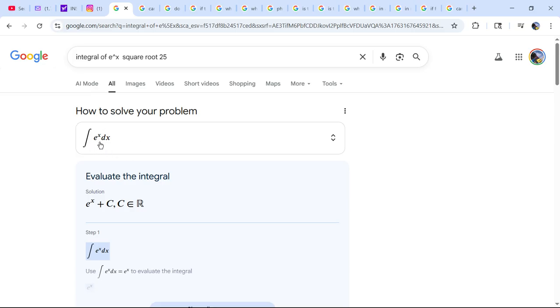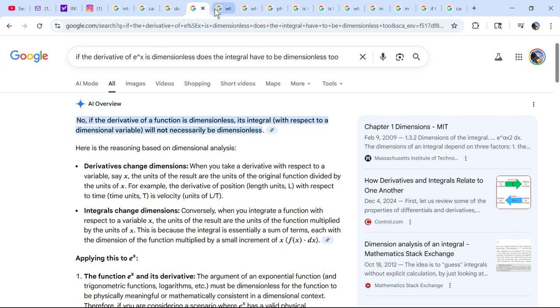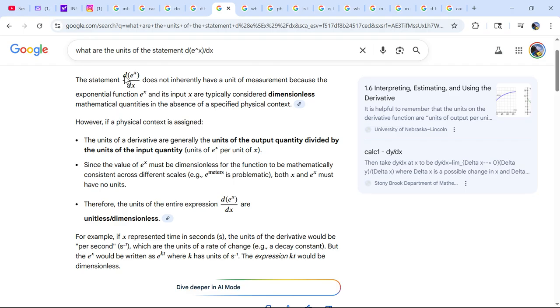So let's say we started with the derivative of e to the x divided by dx, and we have a constant here that's 2, and it's 2 apples, or whatever. Maybe we could represent that as k.